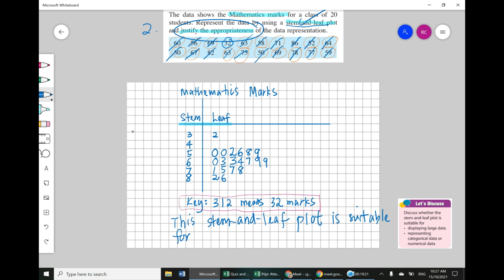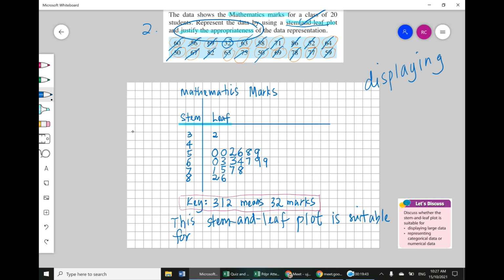I told you. The other 2 that you learned earlier is for comparing. So this one, you have to use what word? So remember the keyword? We must use displaying.